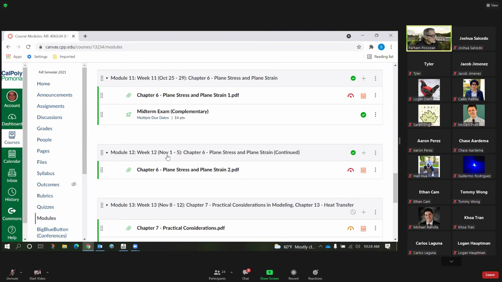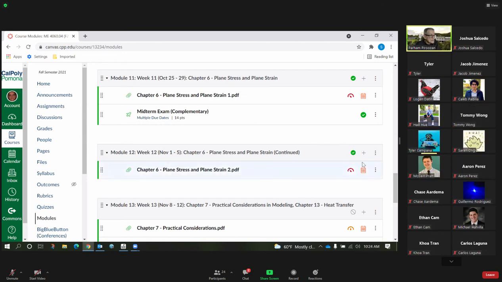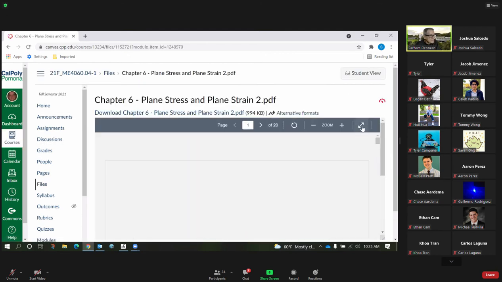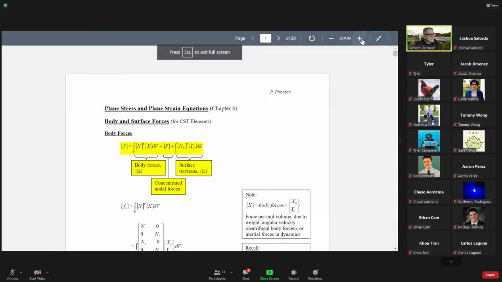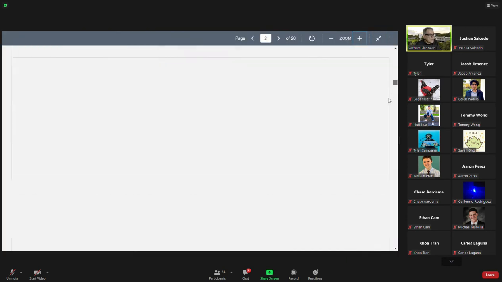This is November 1st to 5th. This is this document I'm showing you, and it checks that it is. Yeah, it works for me. It is unlocked. It is available to you. Okay, I'll just ask someone else. It is available. Maybe just exit from this, go to dashboard, then come back to this course, and then possibly needs to update something. Let's go back to this document, but it is published.